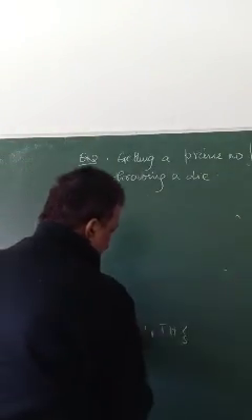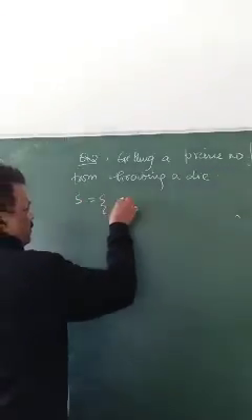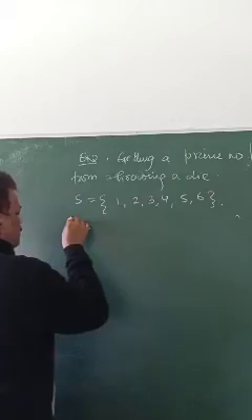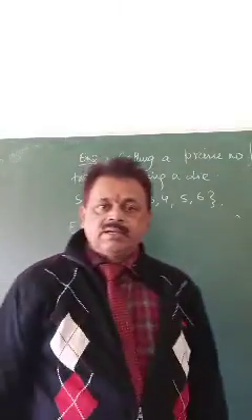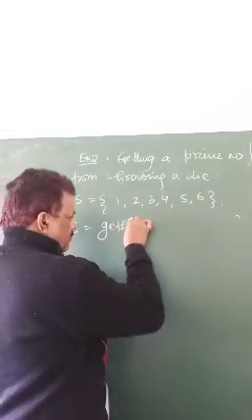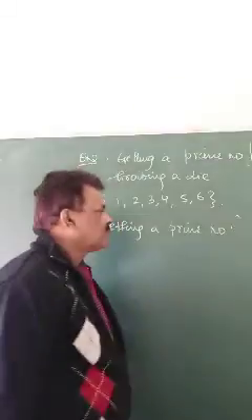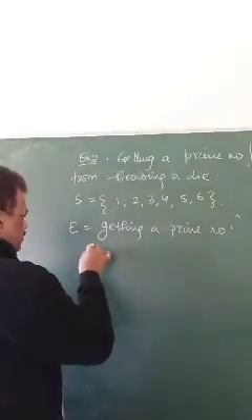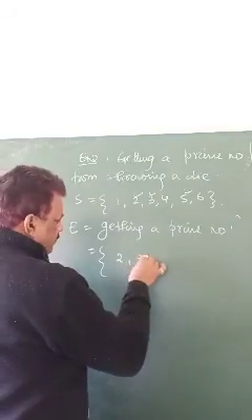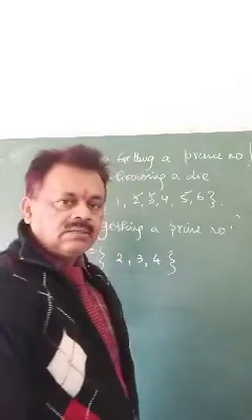So what is the sample space of a die? 1, 2, 3, 4, 5, 6. Suppose E is the event of getting a prime number. Which are the prime numbers? 2, 3, 5. So this is always a part of the sample space. So this is called an event.